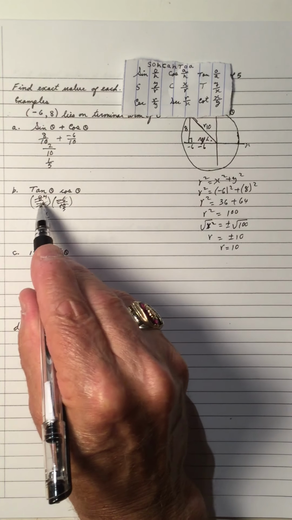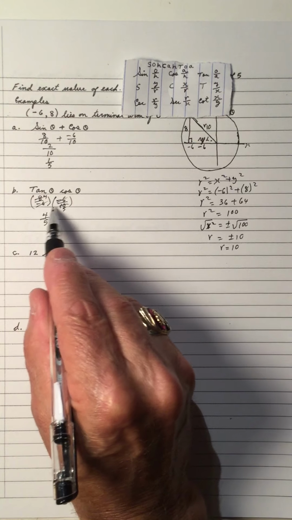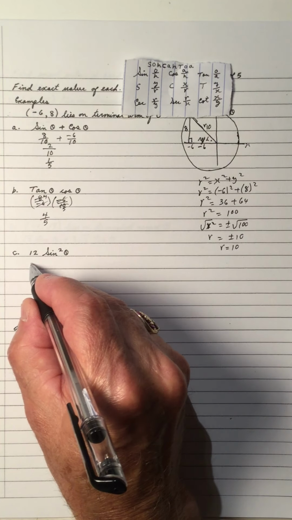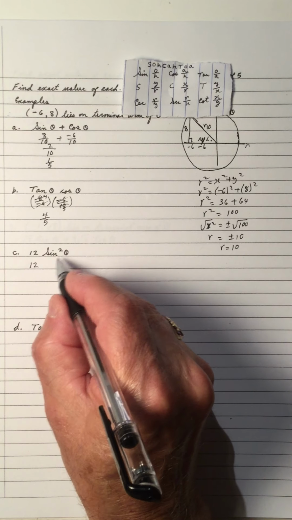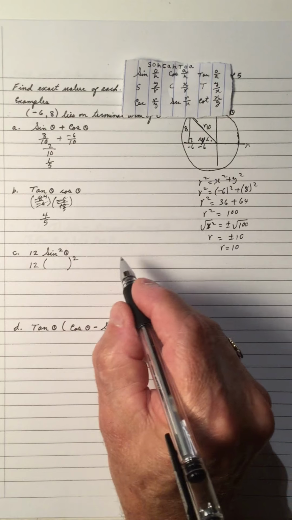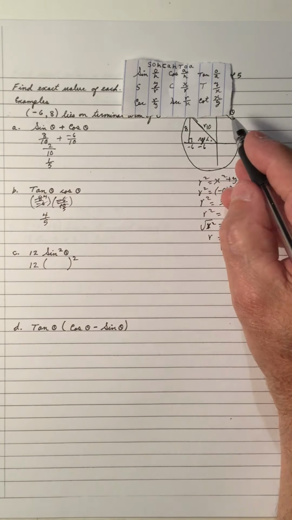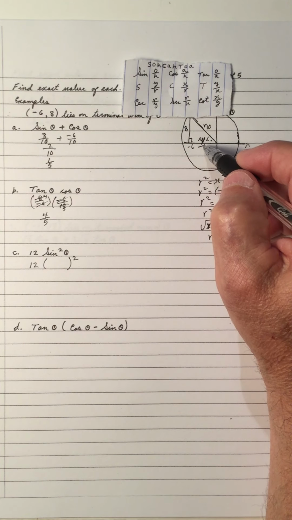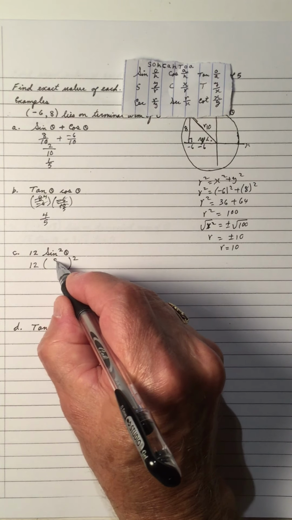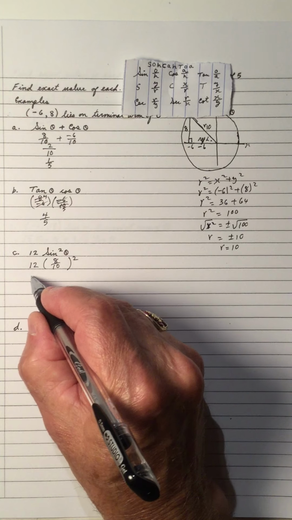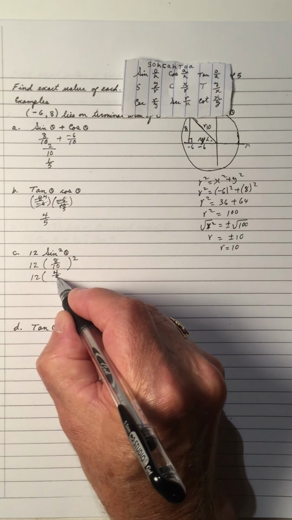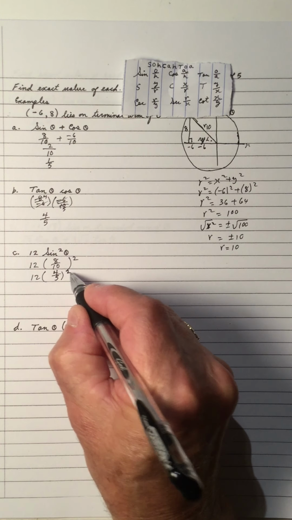We could multiply these fractions by multiplying, but it's better to cancel first and then multiply after. C, we've got 12 sine squared theta. So that's the sine of theta being squared. And the sine is the y over the radius, so it's 8 over 10. And because we have the squared, it's best to reduce the 8 over 10 to 4 over 5 first.